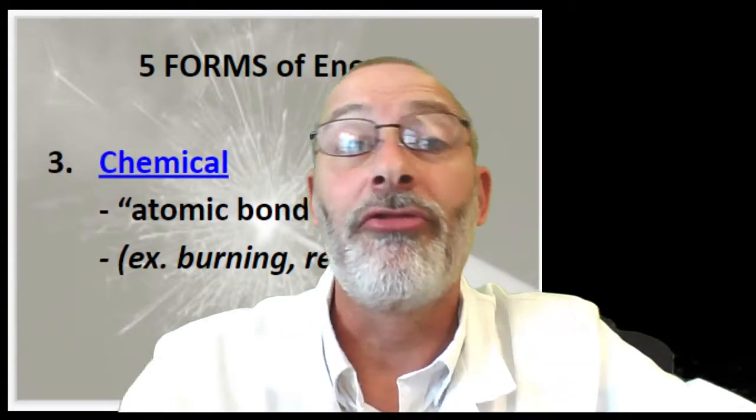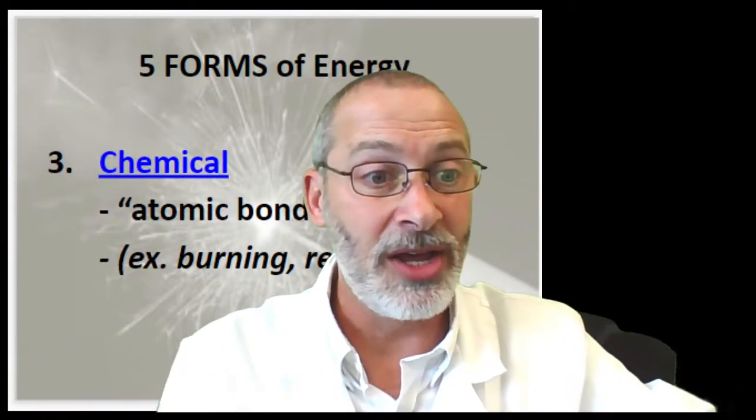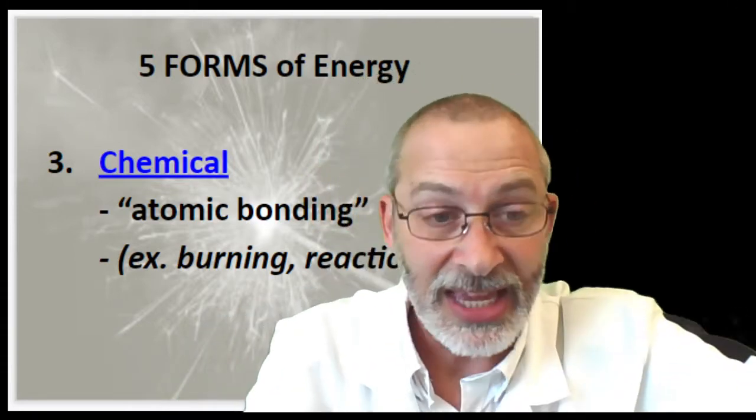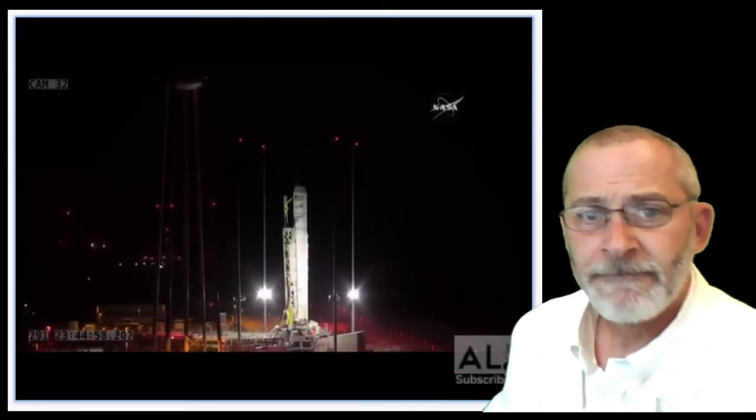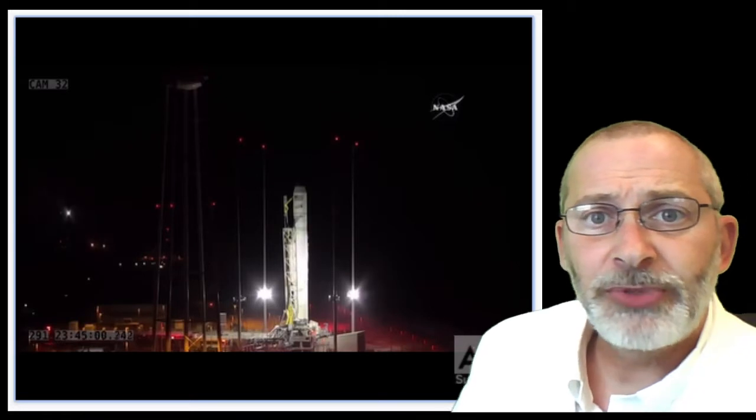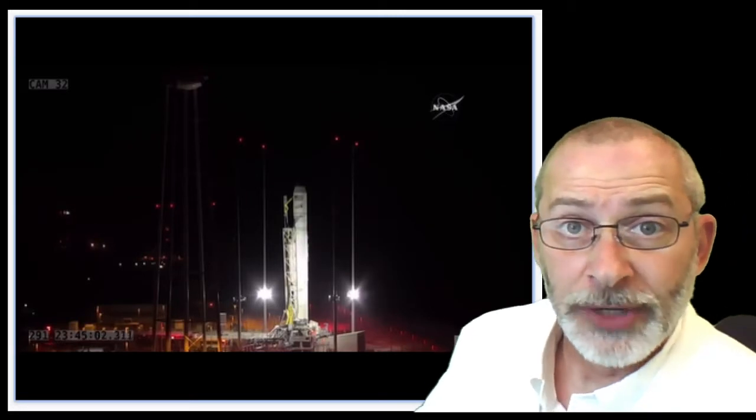That chemical energy turned into heat energy from the mechanical energy. Well, let's see another example of chemical energy with a chemical reaction. And check this out. Every so often, NASA launches rockets into space to carry things up to the International Space Station.